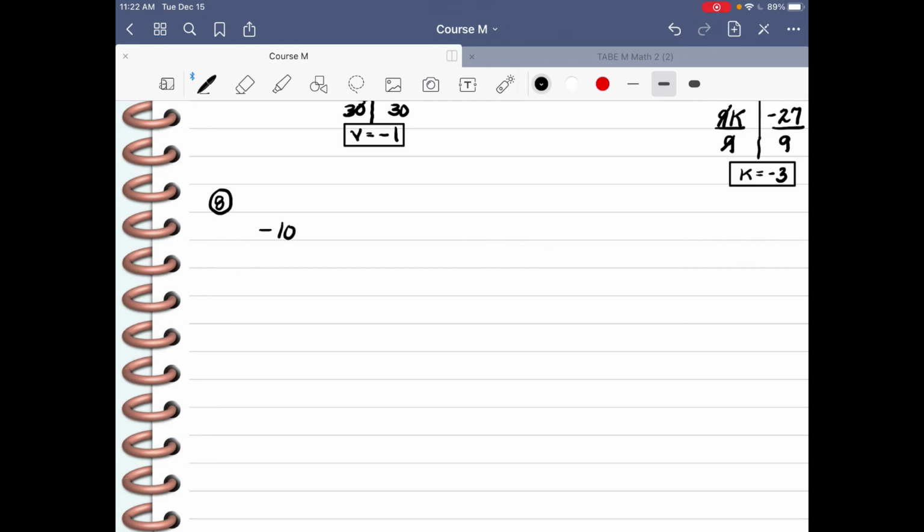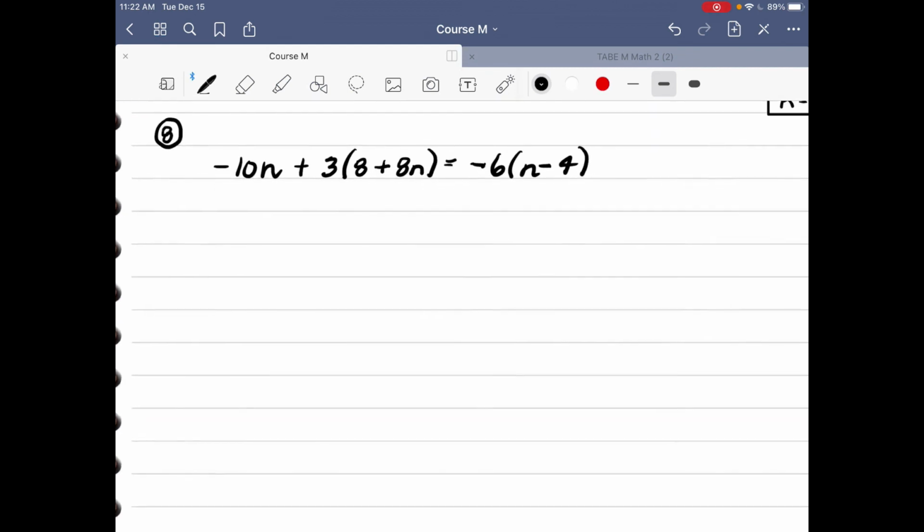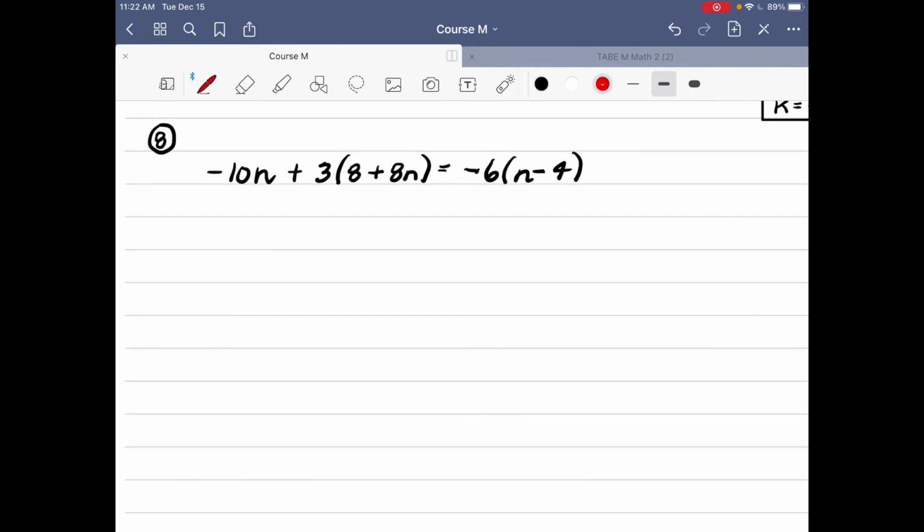I have negative 10n, I'm sorry, plus 3 parentheses 8 plus 8n parentheses equals negative 6n minus 4. I'm checking, yes. So before I draw the power T, let's draw the arrows.